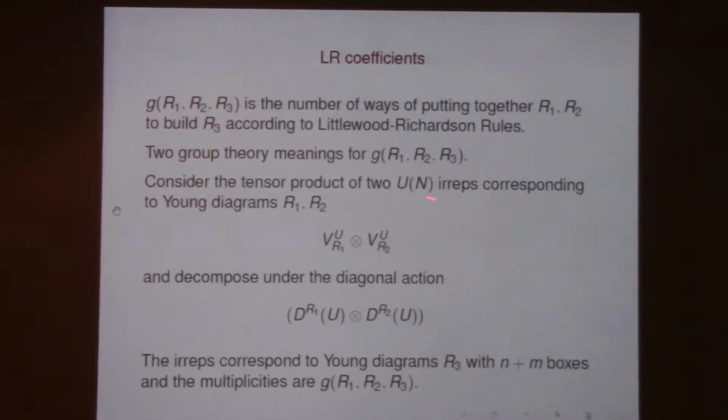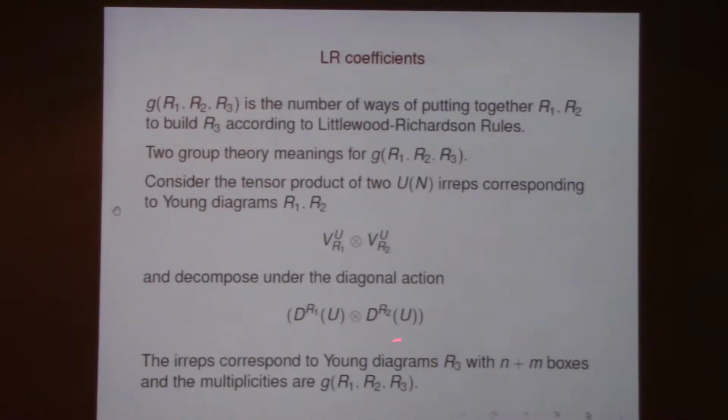Now, there are two group theory meanings for this Littlewood-Richardson coefficient. One is that the Young diagrams R1 and R2 correspond to two irreducible representations of U(N). If you take the tensor product of those, there's a diagonal action of U(N), the same U acting on both. You decompose this under the diagonal action and ask which irreducible representations appear.